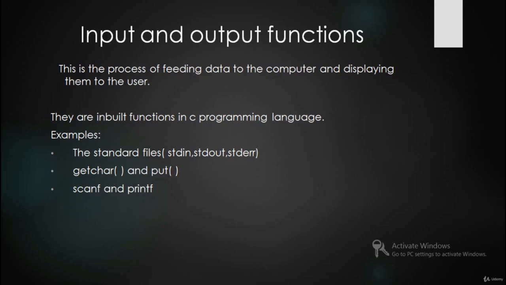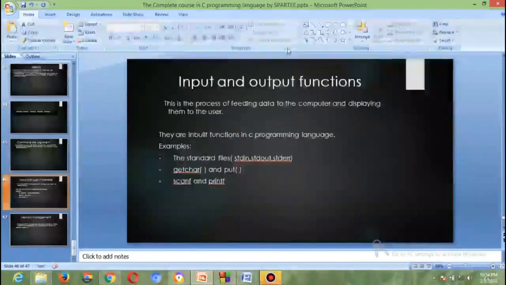With scanf, it waits for the user to input text, and then printf displays it on the screen. So let's build a simple program to confirm what we have learned. So let's open our Code::Blocks.